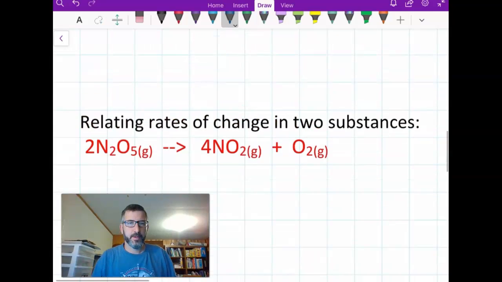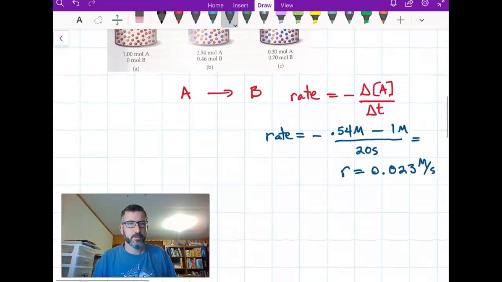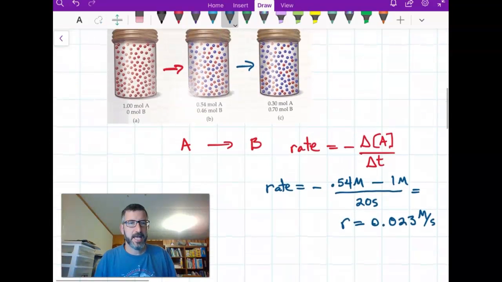So what we set up above with this previous example was that because A is disappearing at the same rate that B is being produced or appearing, then there must be a 1-to-1 ratio in the balanced equation.